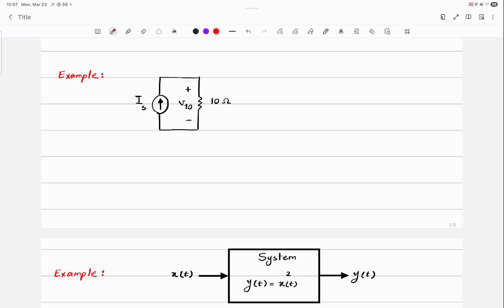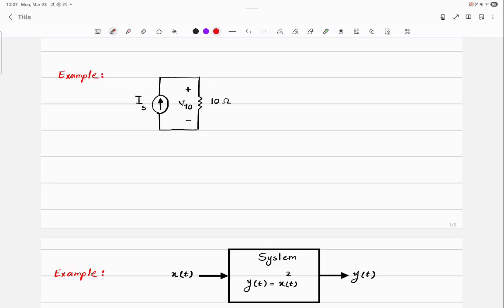That's correct, but that's higher level. I want a very basic definition of a system. Yeah, exactly. I was looking for that. It receives an input, it does something to the input, and it gives out an output. That's the general definition of a system.